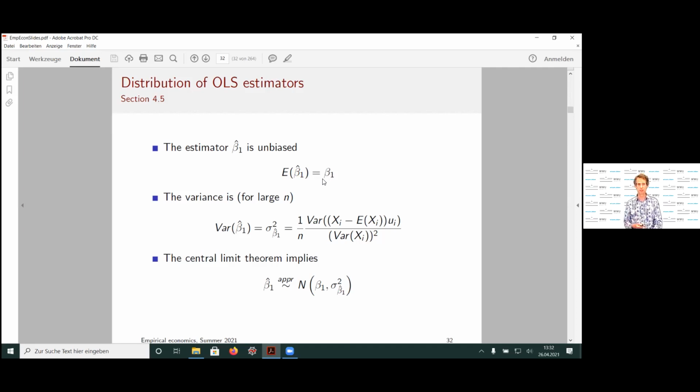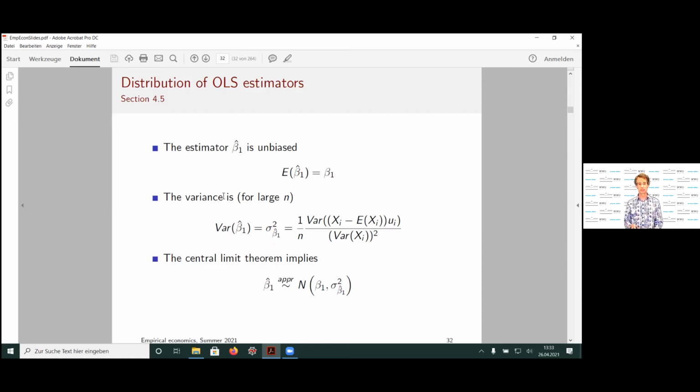After the expectation has been computed, we can continue to compute the variance of this random variable. And we have two different symbols for that. We can either write it this way or with the sigma squared symbol here, with a little sub-index for beta 1 hat for the random variable. So both mean exactly the same. It's just notation convenience which one is used.